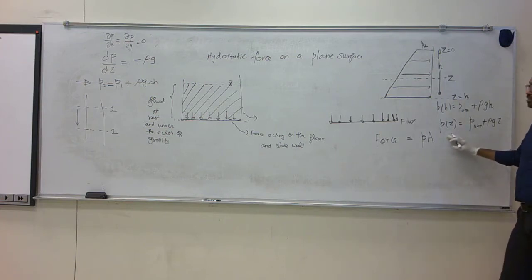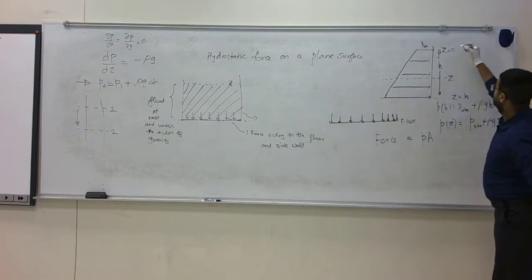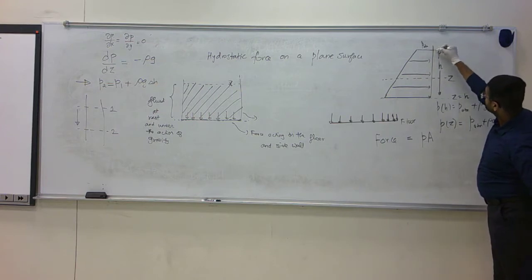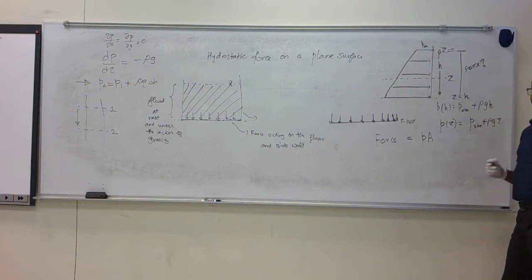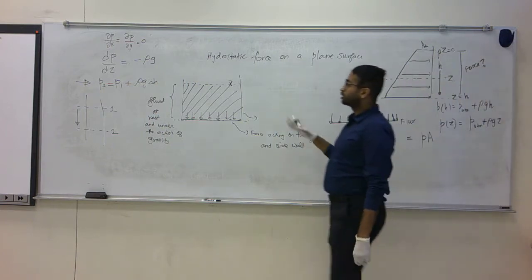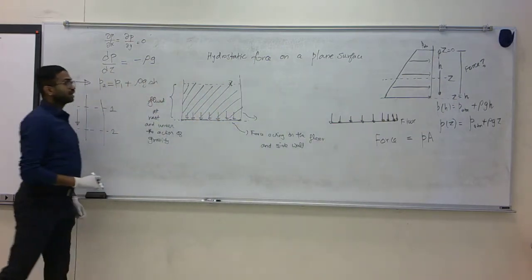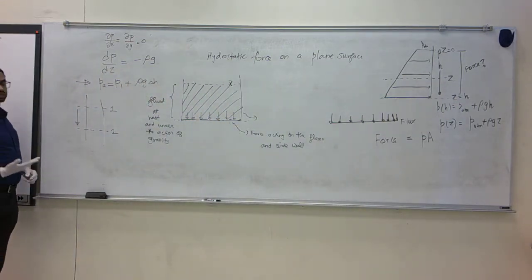Now what we want is, what is the total force acting on the side wall from here to here? What is the total force? Not the pressure, but the force. That's our goal here. In this topic, we want to understand what is the force on submerged surfaces.